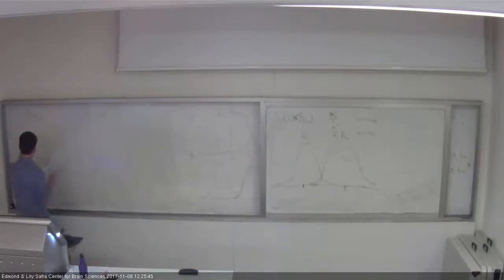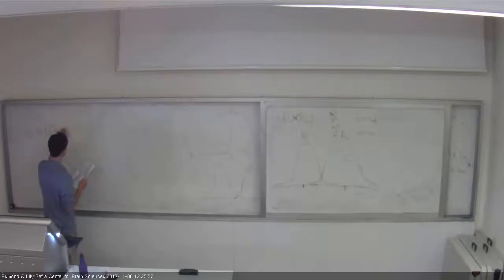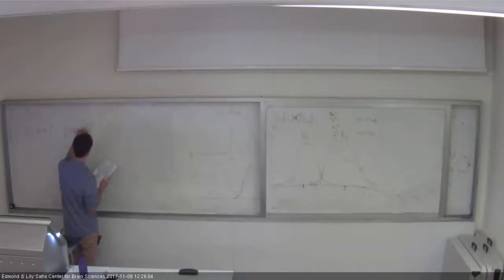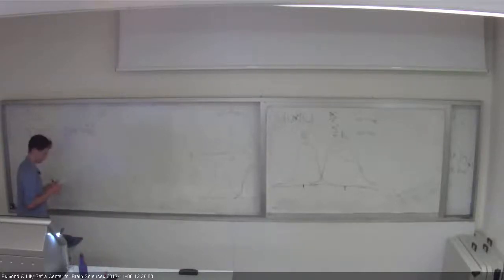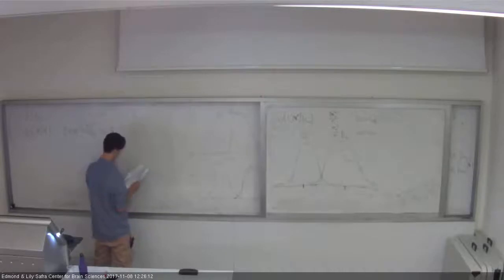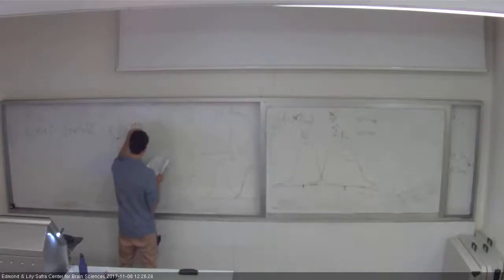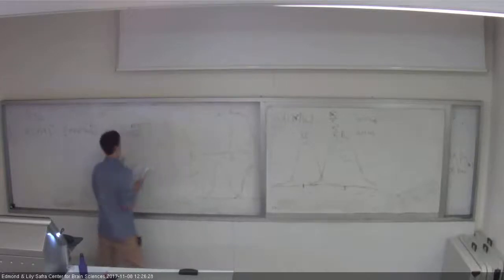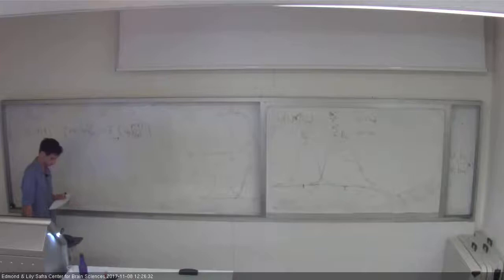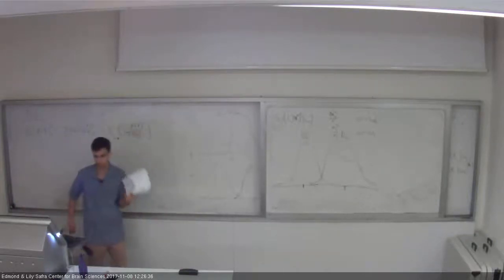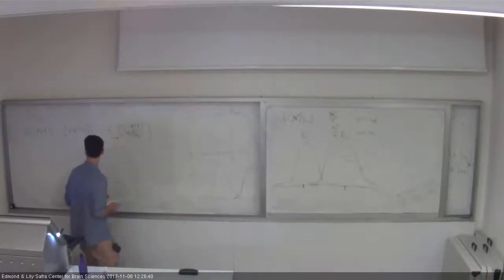The definition: the DKL between some distributions P and Q is equal to the sum over X of P of X log of P of X over Q of X. This is also the expected value according to P of log of P of X divided by Q of X, or in the continuous case, we have an integral. So this is the definition.